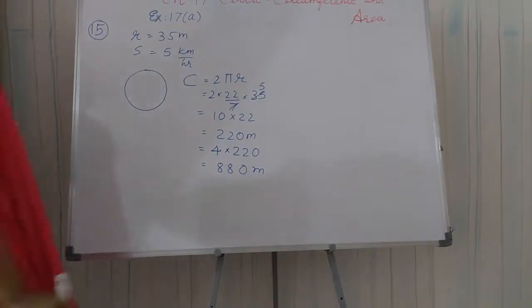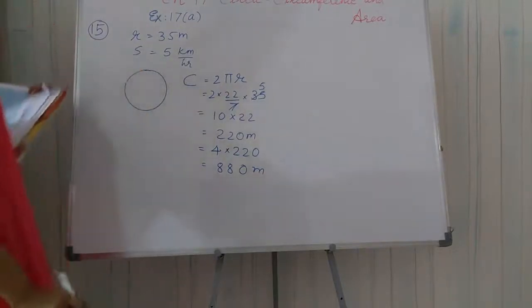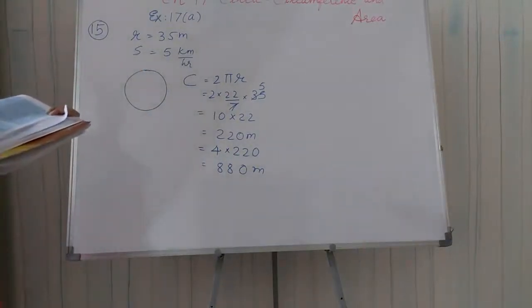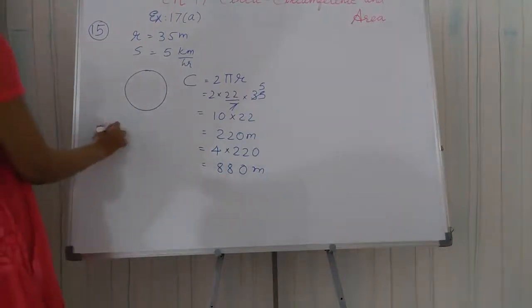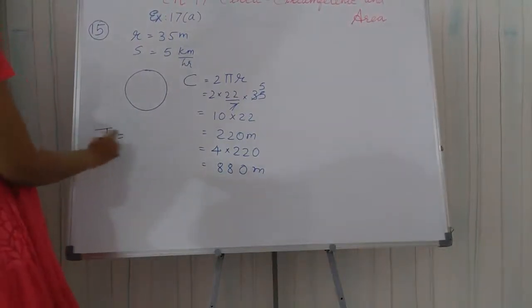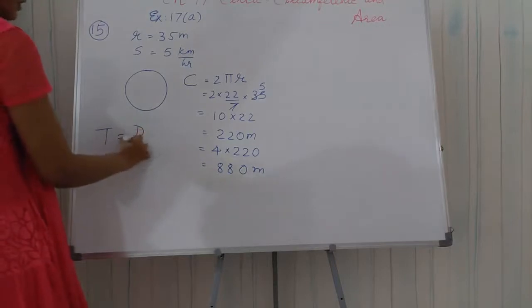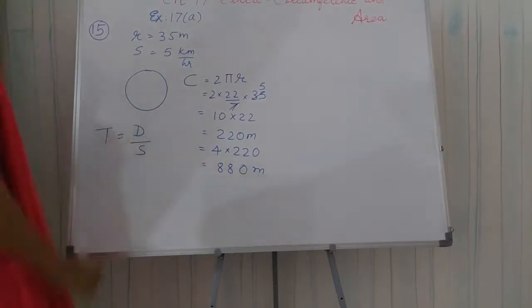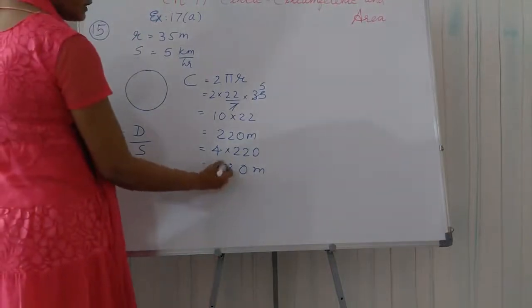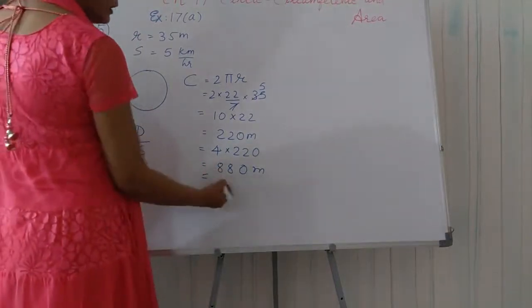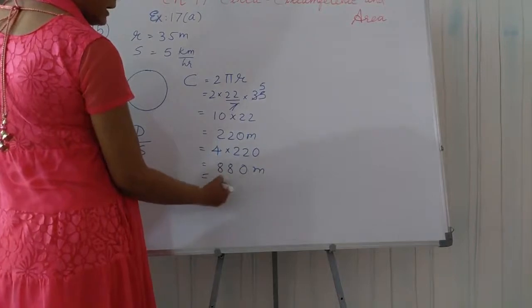Now here we want to find the time. So time we will find first by taking formula time equal to distance upon speed. Speed is given in kilometer per hour. So let me convert this also in kilometer by dividing it by 1000.